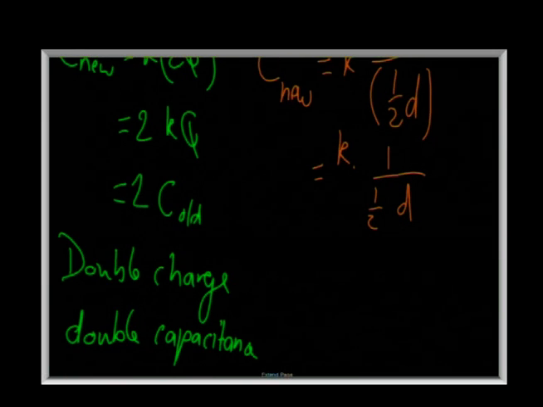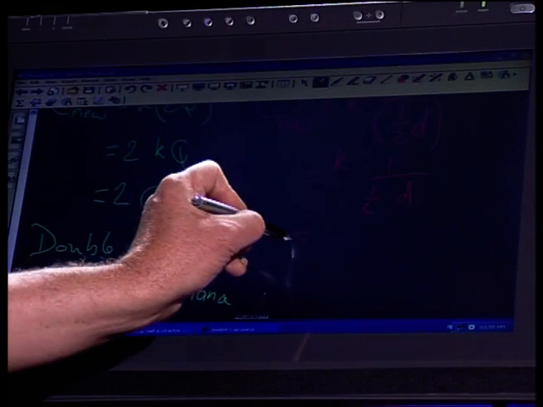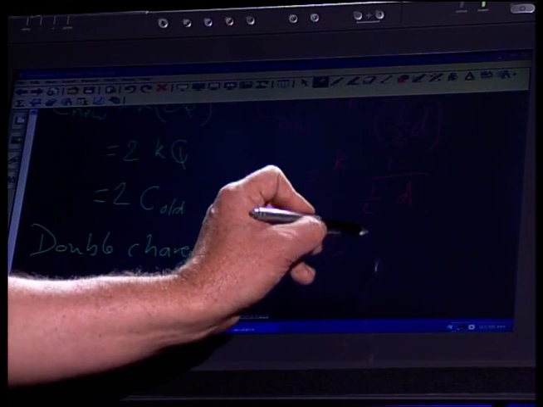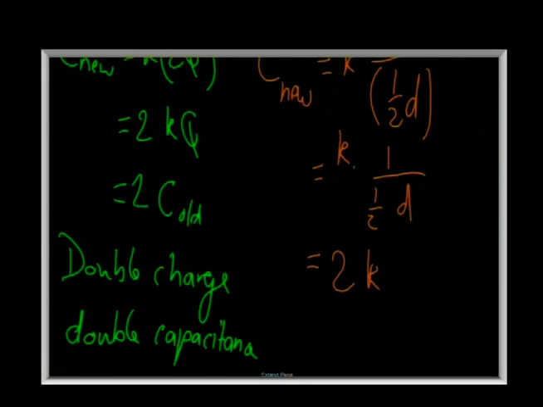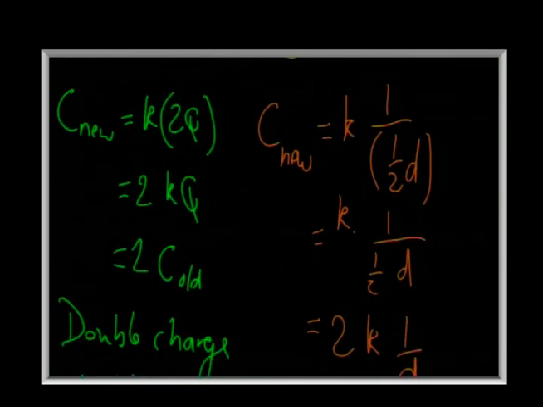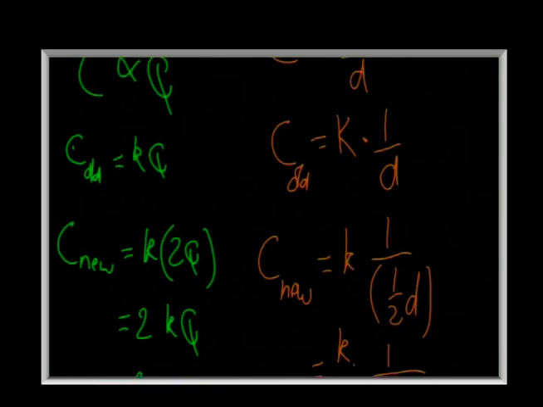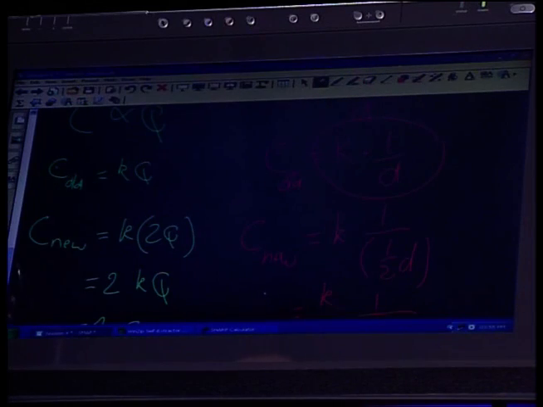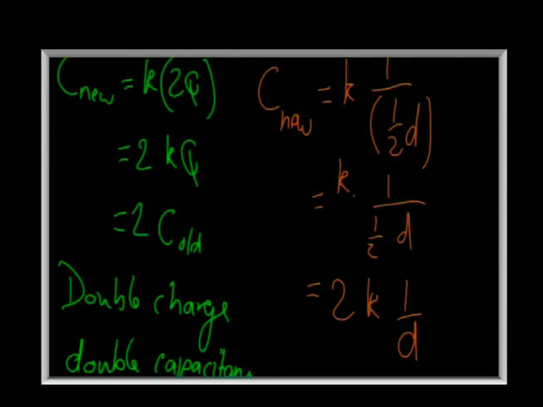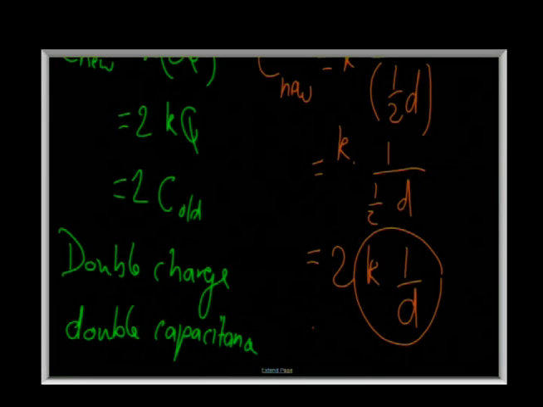So that half becomes a 2. So we get 2K 1 over d. So we've just treated that on its own. But what was this expression here? K 1 over d. We've tried to manipulate it so it looks like that. And we can quite justifiably now say that that is 2 times the old capacitance.